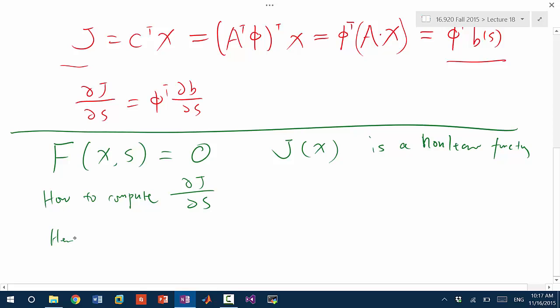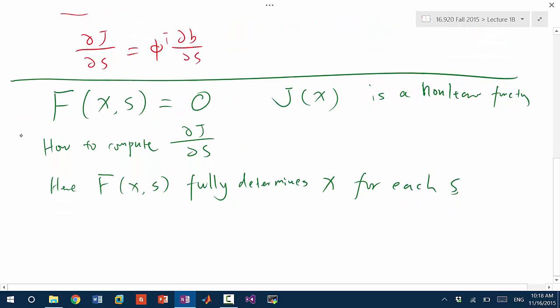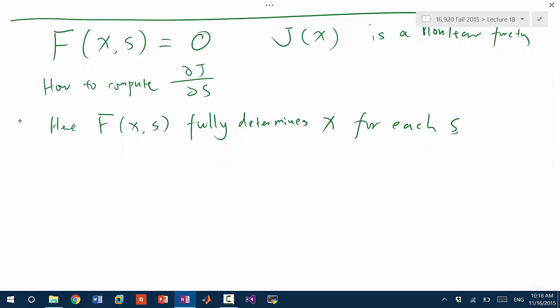So here, F fully determines X for each S. Right? What does this mean? That means, how many of you know the implicit function theorem? You know. Okay.